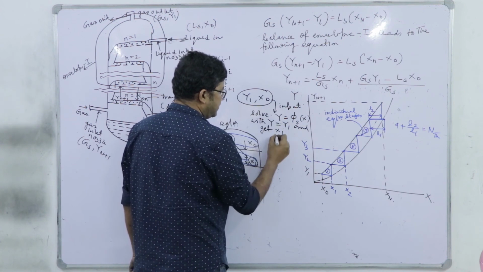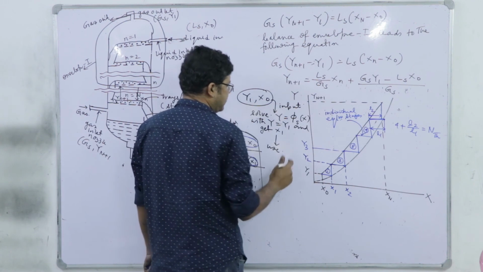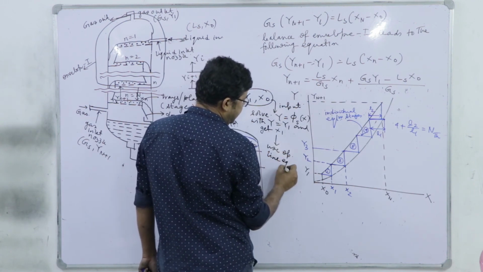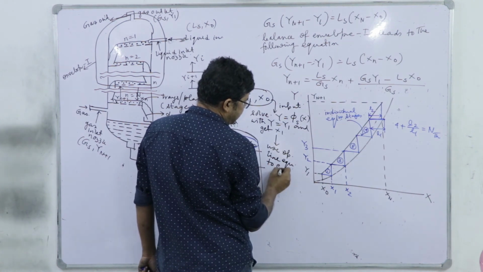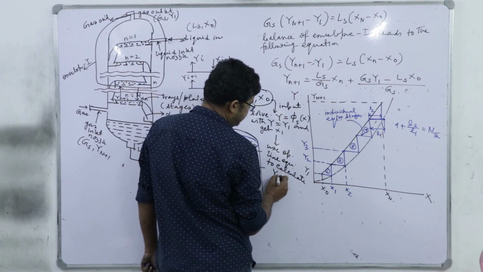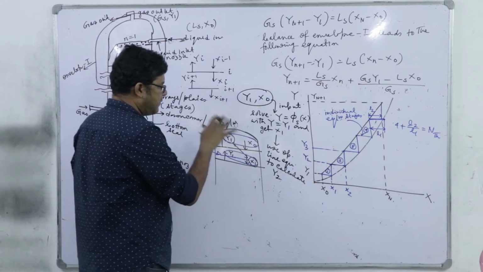and get x1, right. Next, we will use the operating line equation to calculate y2, because from x1 we will get y2. Now, we have crossed a stage.